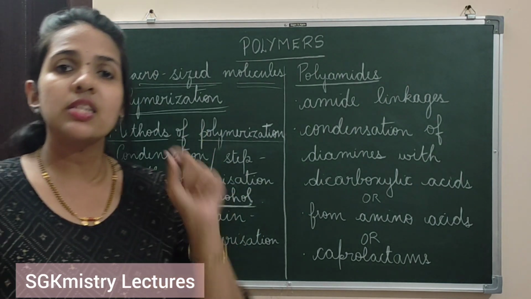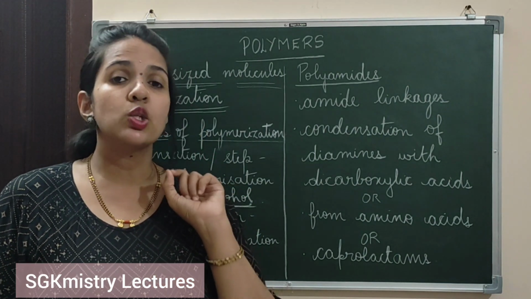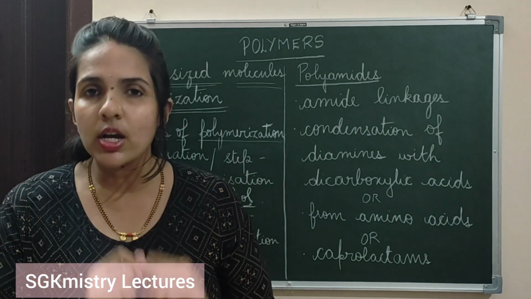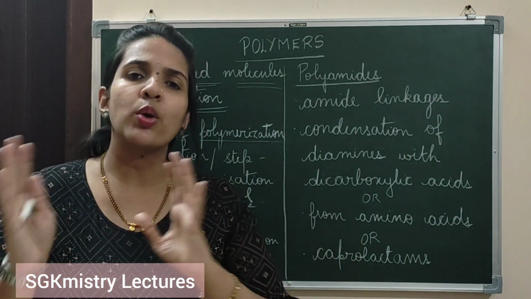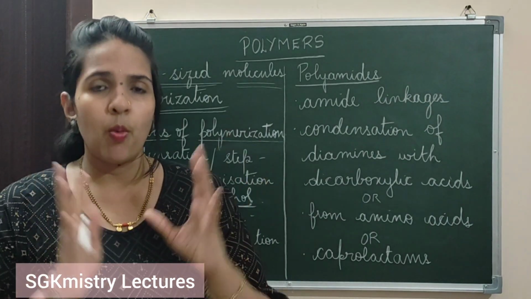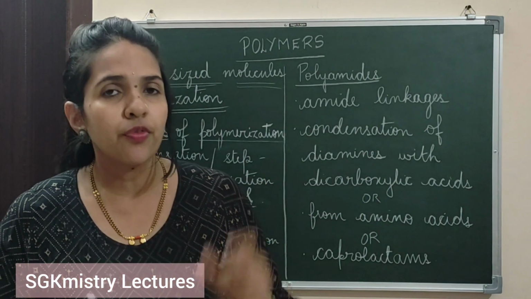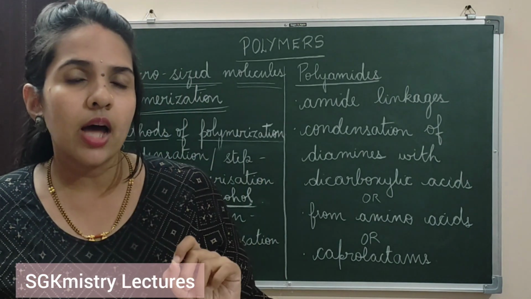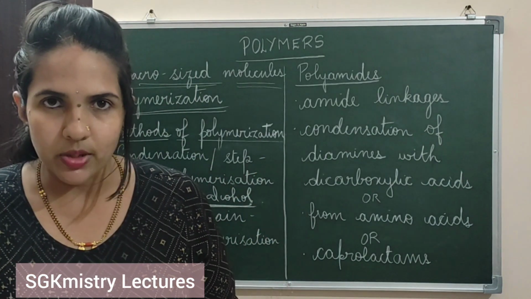This type of polymerization mainly occurs in bifunctional molecules, which have two functional groups minimum, or polyfunctional molecules which have active functional groups that will react with the other molecules to form the polymers.